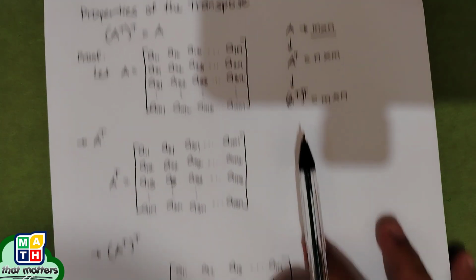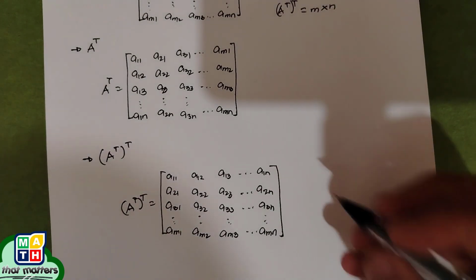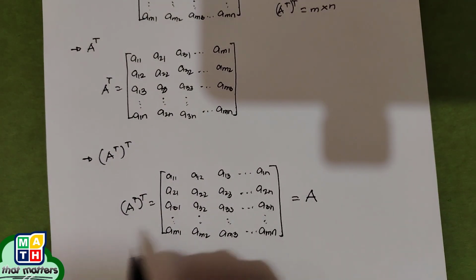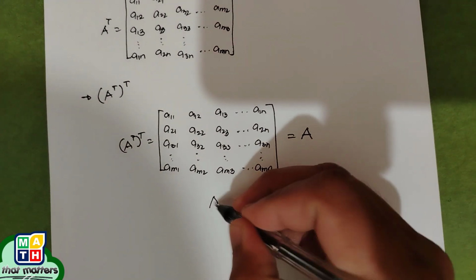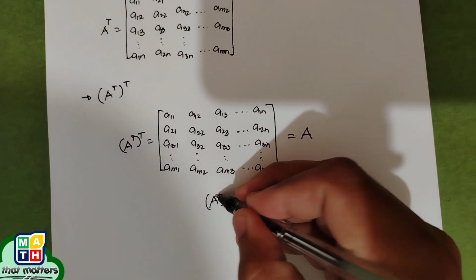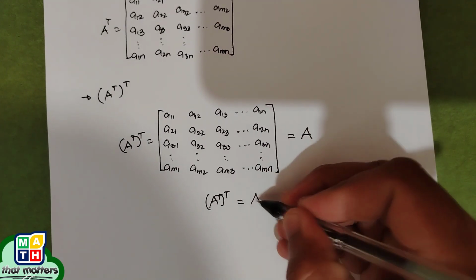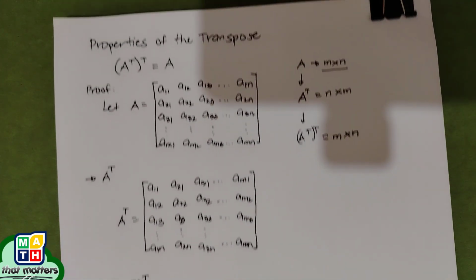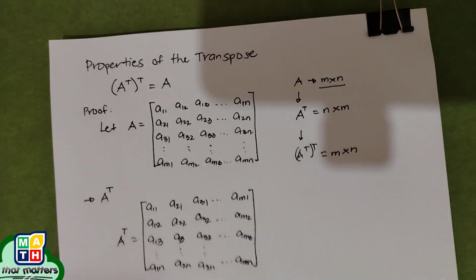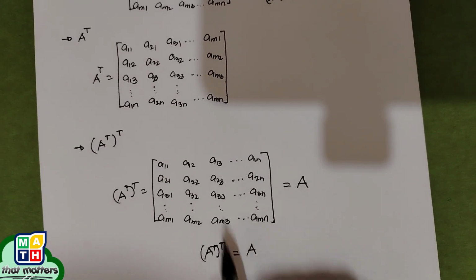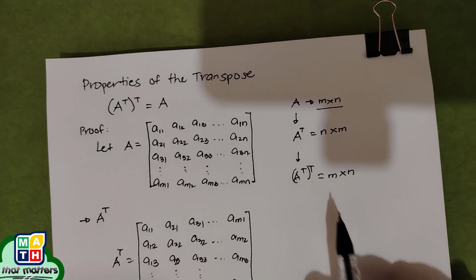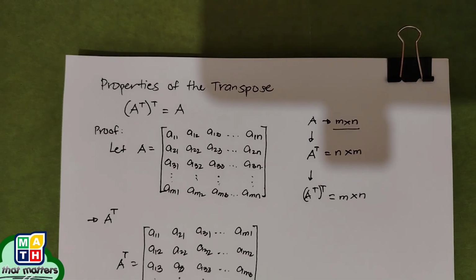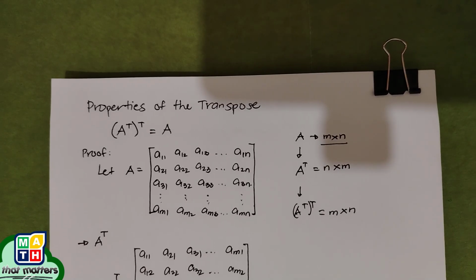So basically, this last matrix is just equal to our matrix A. Cutting this short, we have now shown that the transpose of the transpose of A is matrix A itself. This is the first property of the transpose, which we were able to show analytically and deductively. So this is how we show this property of the transpose.